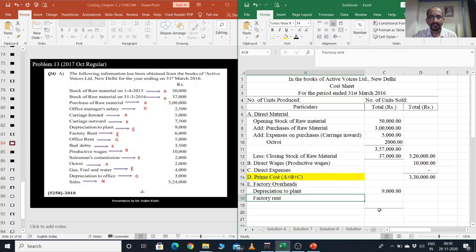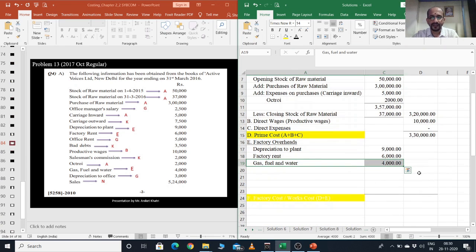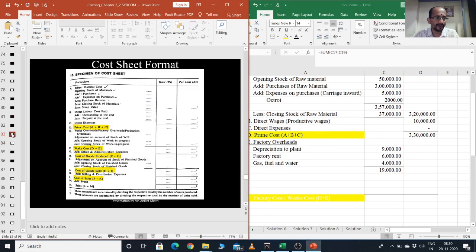It is 3,500. Next is the last one, that is gas, fuel and water, which is 4,000. Okay, now do the total, it is 19,000. So if you see the format, this is the format, right?